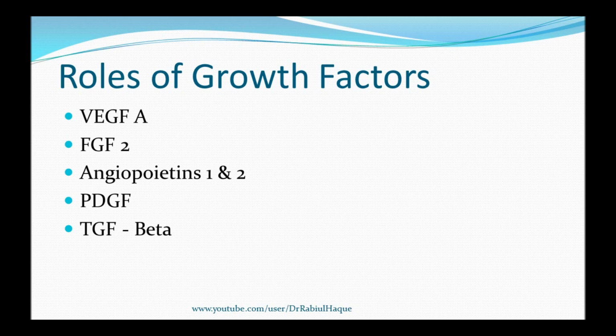What is the role of vascular endothelial growth factor A? This growth factor stimulates migration and proliferation of endothelial cells, so that will help in angiogenesis. At the same time, it promotes vasodilation by indirectly stimulating production of nitric oxide.